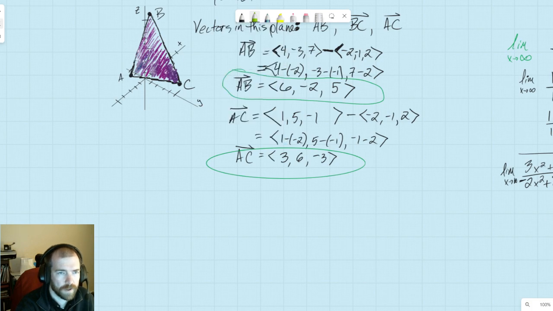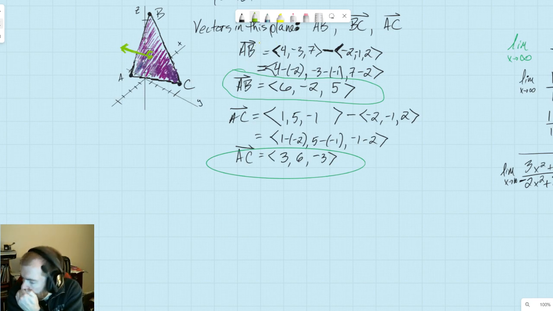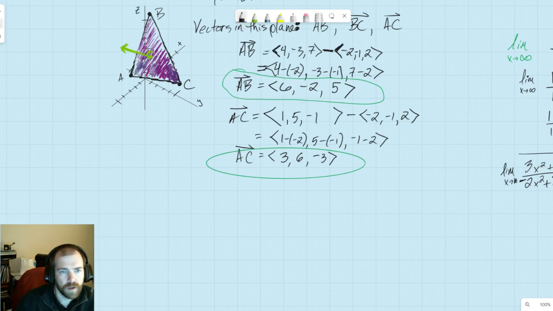Okay, then the normal vector to this is going to be sticking out of that plane at a right angle to that plane. So no matter where you measure it from on that plane, it's going to be a right angle. So what we do then is we say we want the cross product.